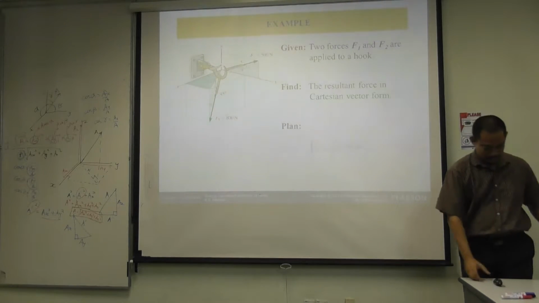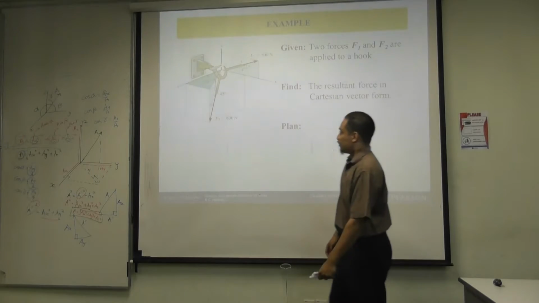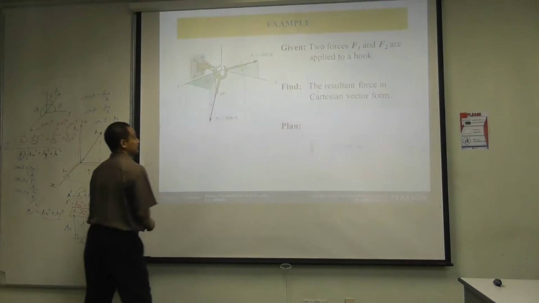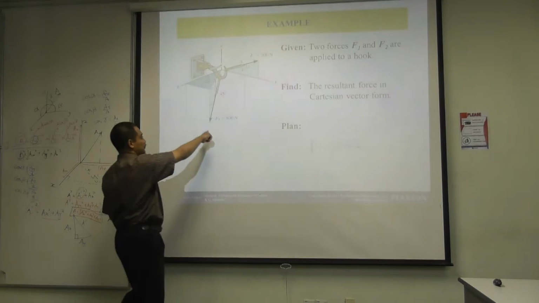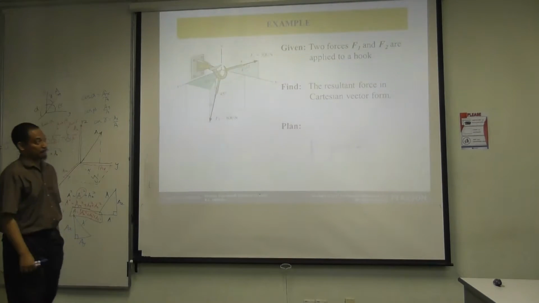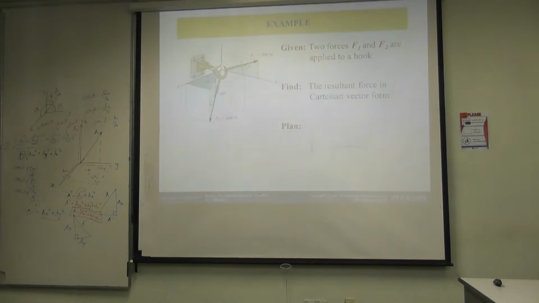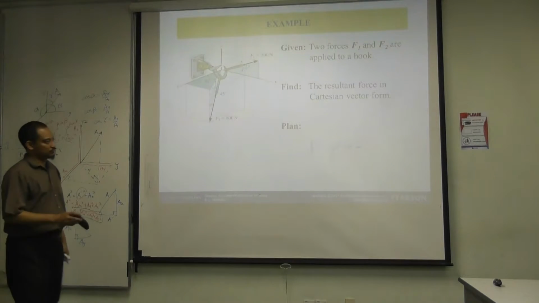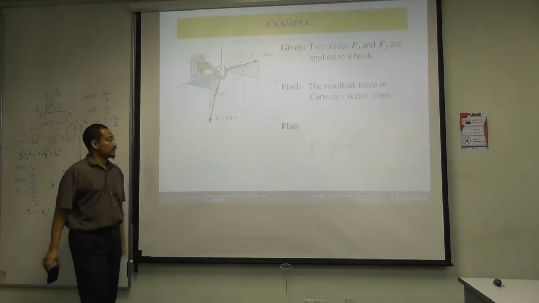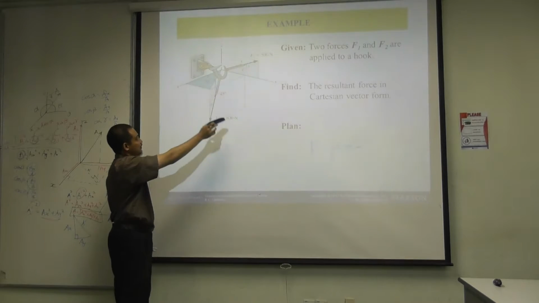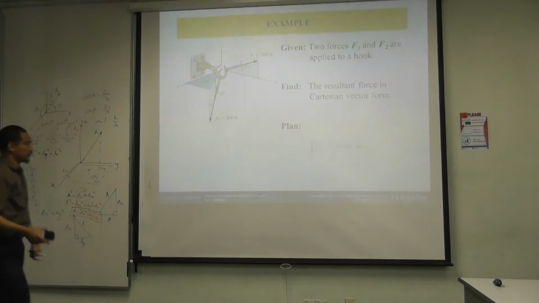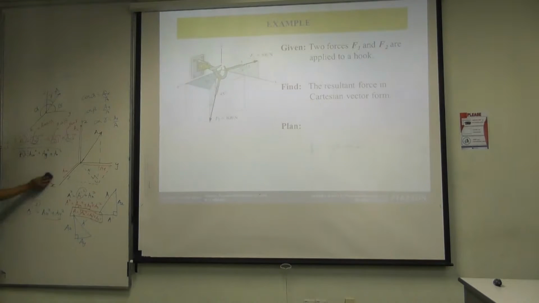Okay, let's take a look at this one. First, do you understand the question? Two forces F1 and F2 are applied to a hook. Find the resultant force in Cartesian vector form. If you remember the three steps of problem solving, IPE, then interpret is basically you understand what is given, the force, the angle, etc., and you understand what is the final answer that you have to give in this question.